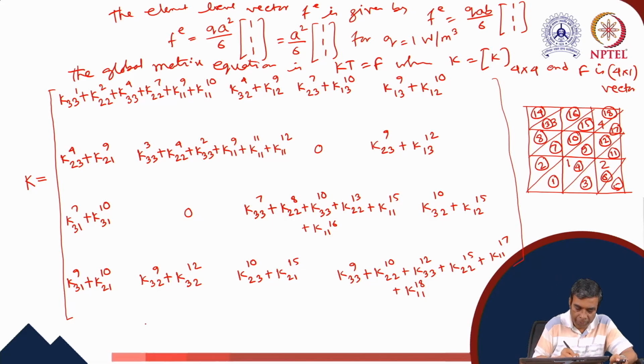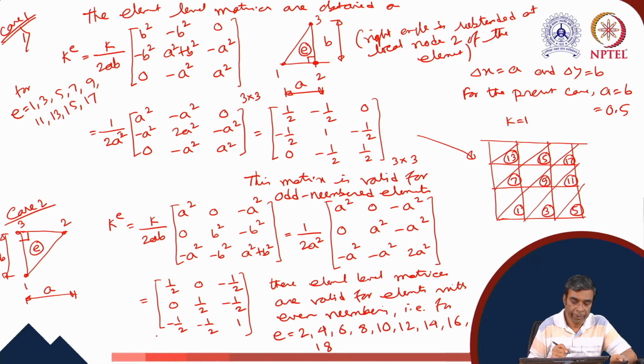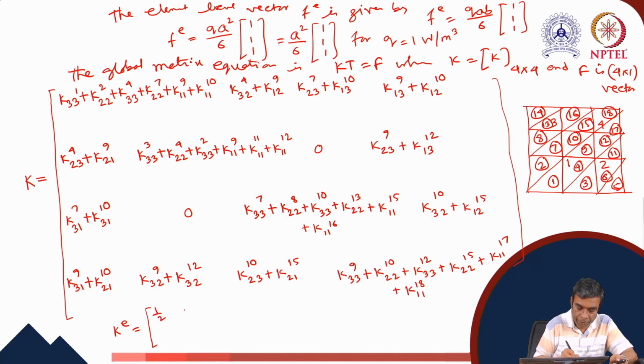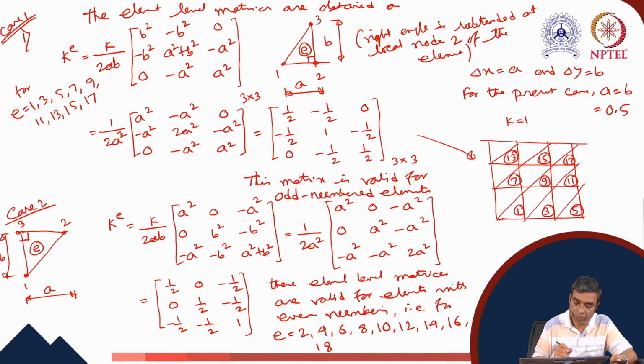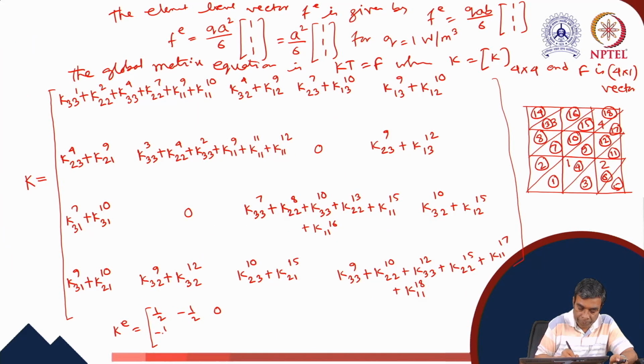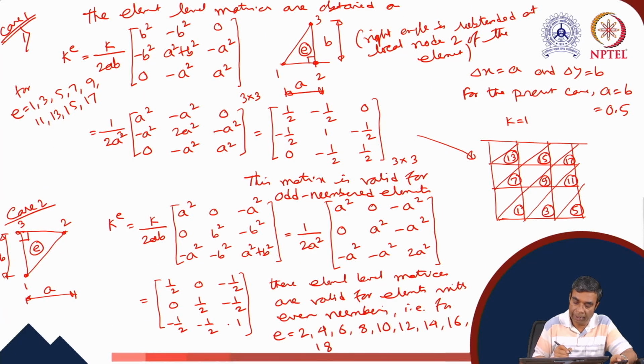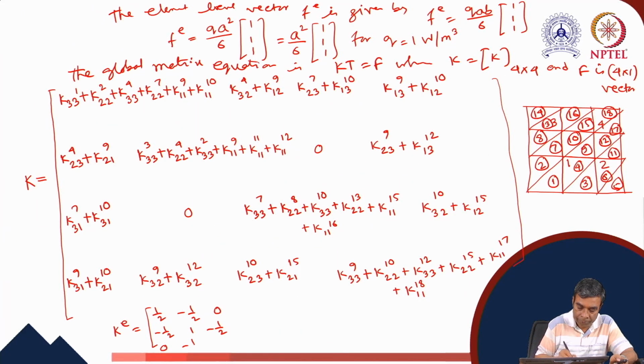So we already know the element level matrices from the previous page. Ke equals half, minus half, 0; half, minus half, 0; minus half, 1, minus half; minus half, 1, minus half; 0, minus half, half; 0, minus half, half.